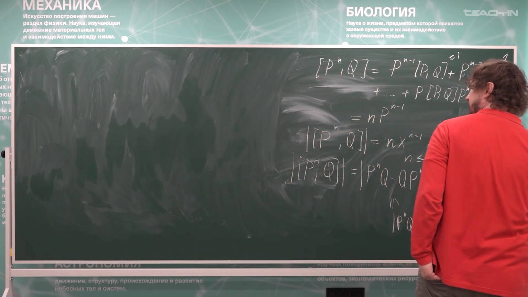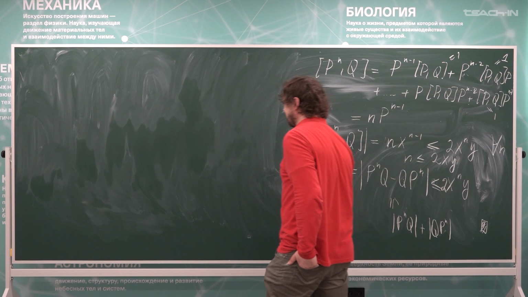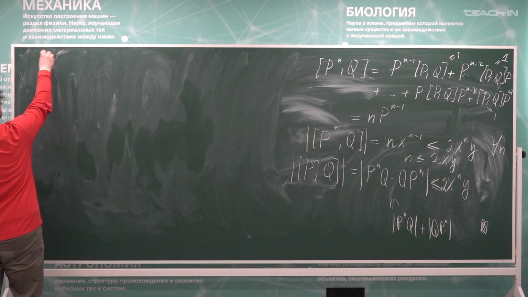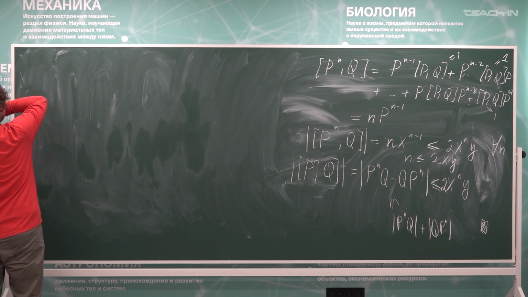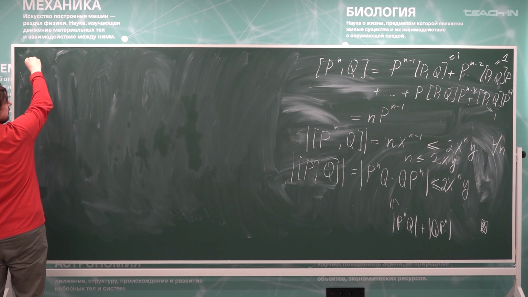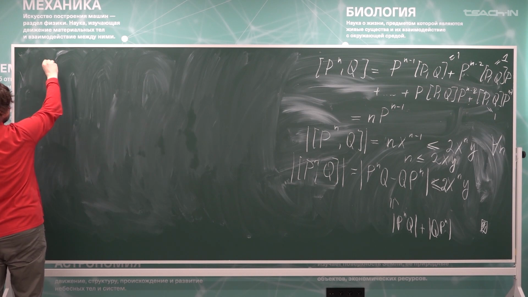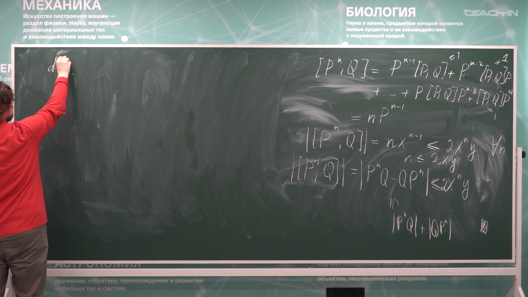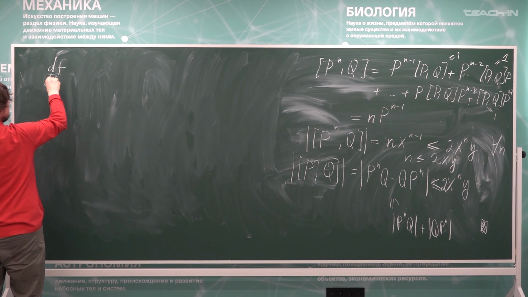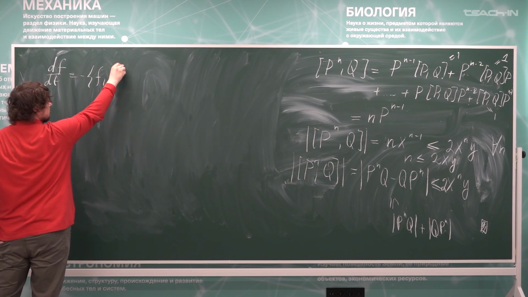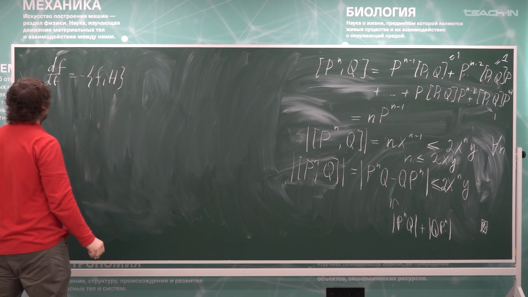But now let us go on a little bit further. A little bit before we proceed, let me do one more thing. I told you that in Hamiltonian mechanics the basic equation looks like df/dt equal to minus the commutator of f and h.